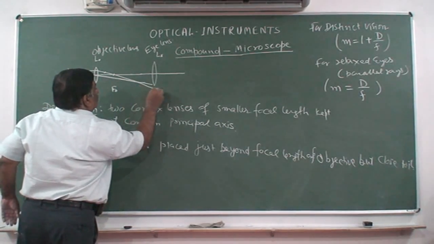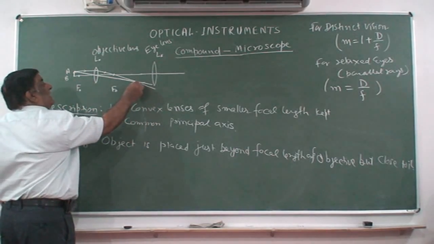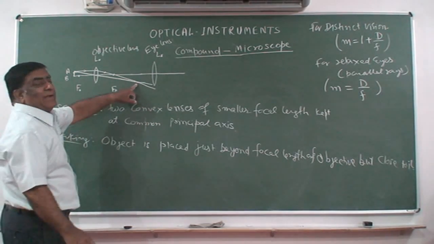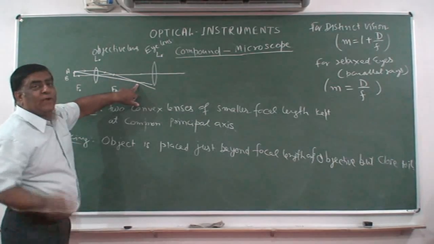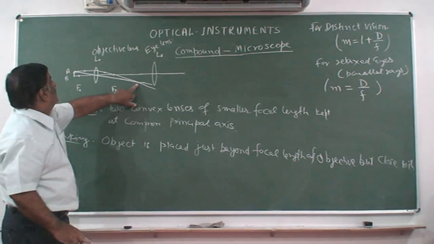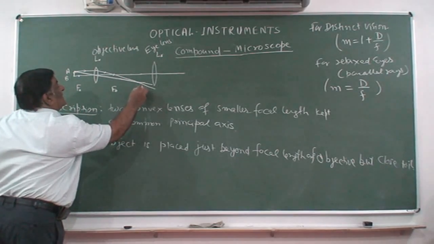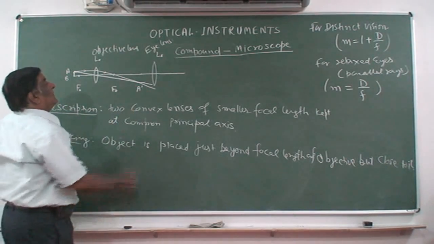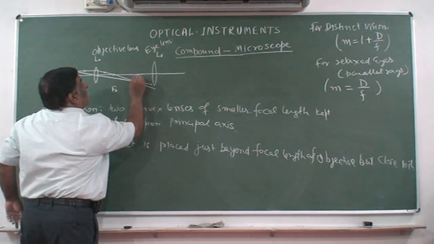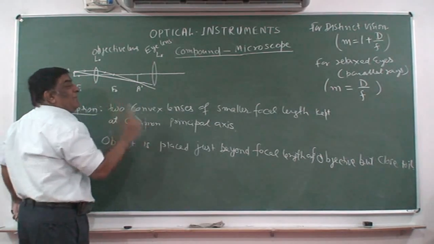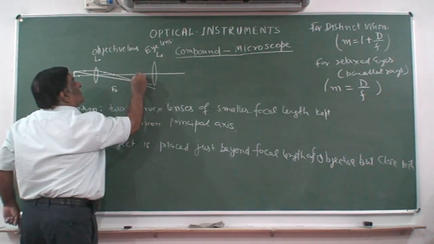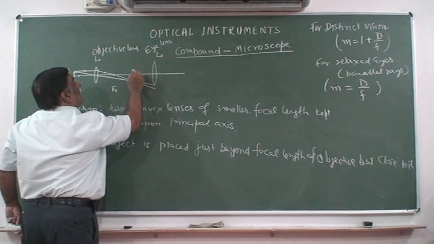They two intersect at this point. So this point will be the real image of A, and we write it A dash. From here we put a normal on the principal axis because B is on the principal axis. So we get the position of B dash.